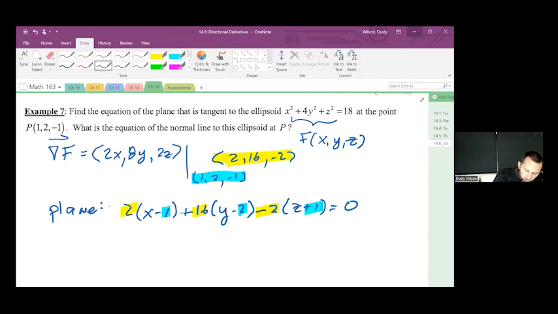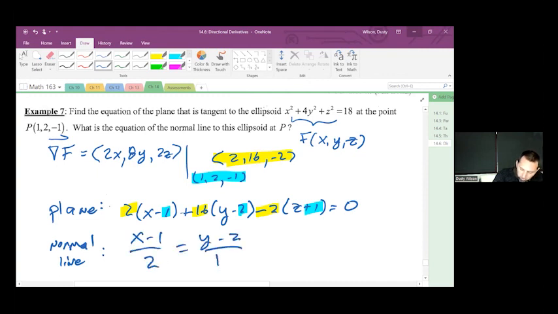And if we want the normal line, it would be (x minus 1) over 2 equals (y minus 2) over 16 equals (z plus 1) over negative 2. This is the symmetric form of that particular line. Again, here are the slopes, if you will, the partial derivatives, and then we've got our shifts from the given point. So there's our tangent plane and our normal line.